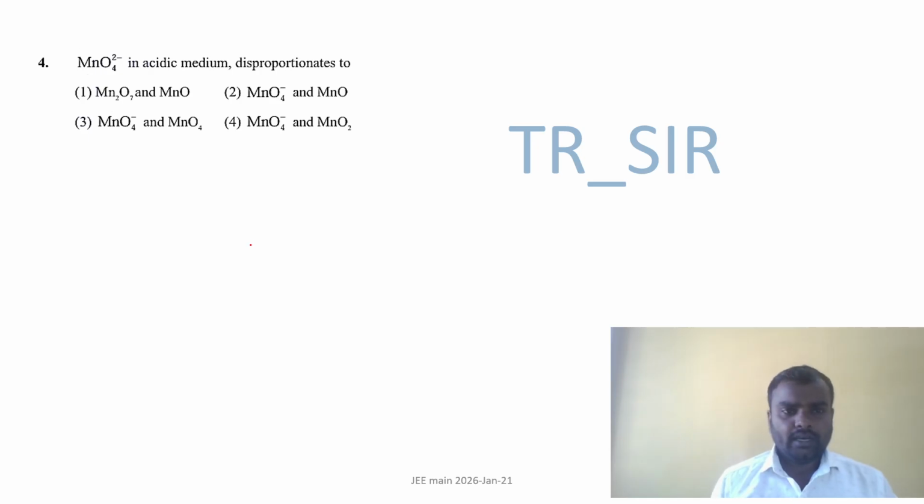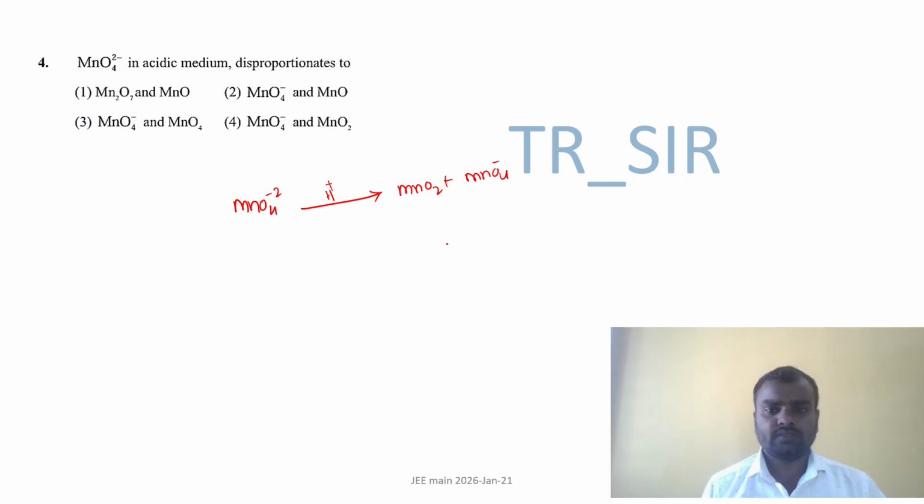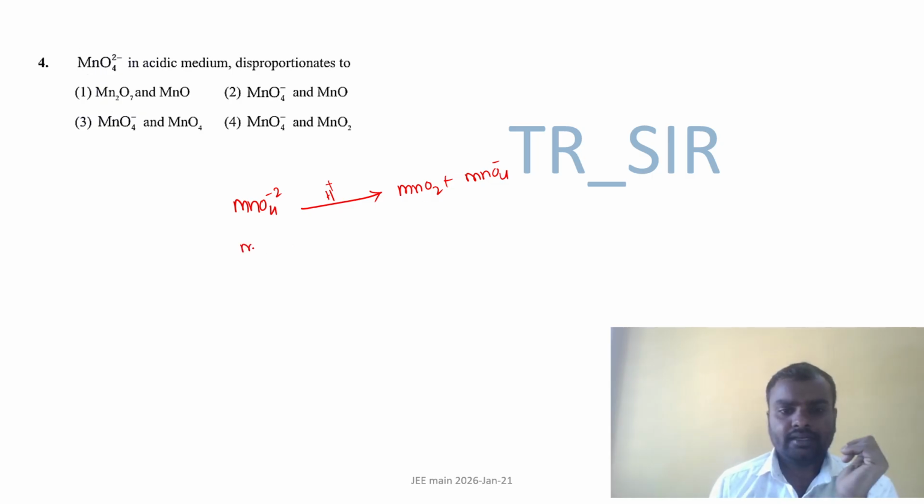MnO4 2 minus is manganate. In acidic medium, what happens? It disproportionates, forming MnO2 and MnO4 minus.